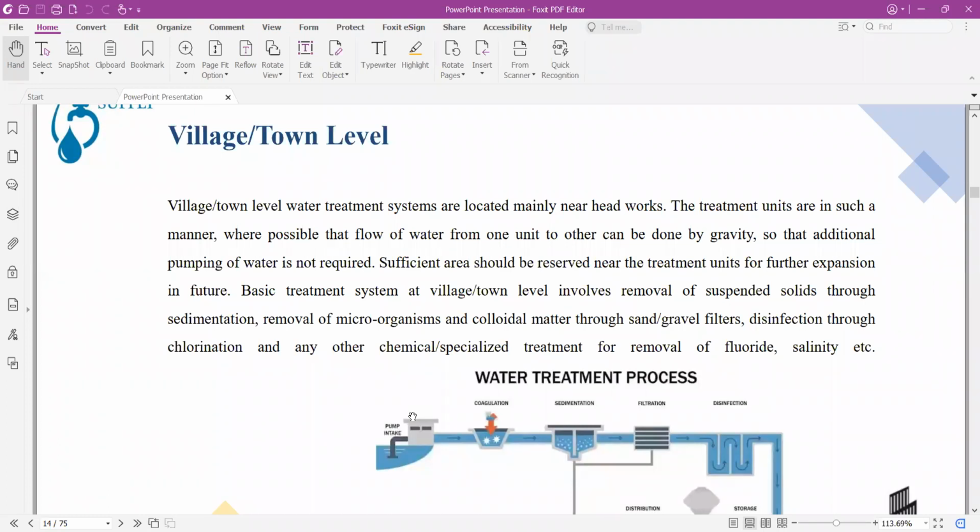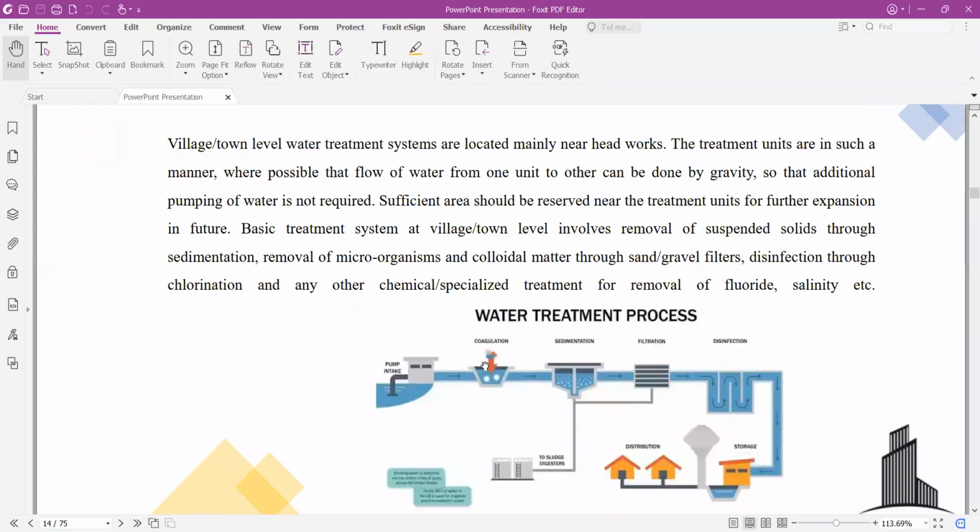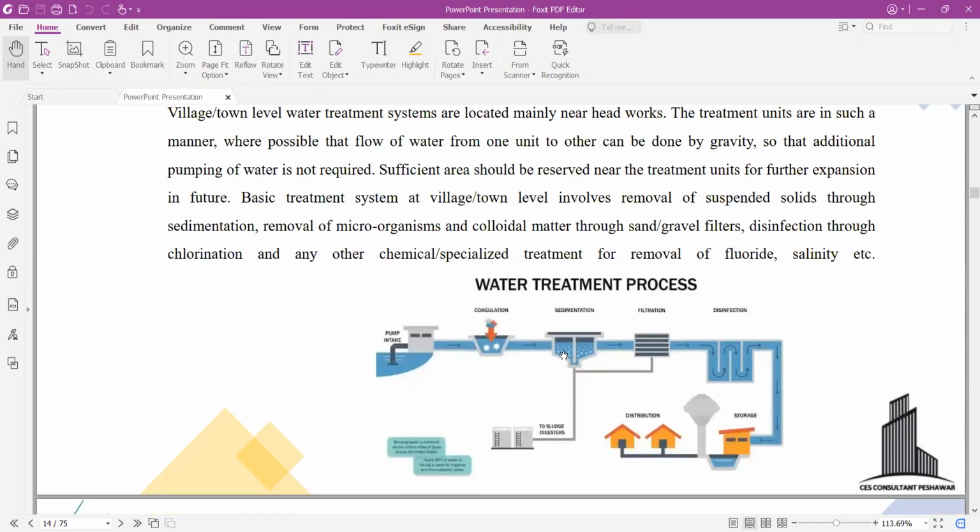In the water treatment process, first of all, the water is pumped through the pumping station, and then it's sent to the coagulation tank where chemicals are applied to make a clog of the material that is not good for drinking purposes, and then it's sent to the sedimentation tank where it settles down. After settling down it is sent to the sludge digester, and the remaining water is then sent to the filtration.